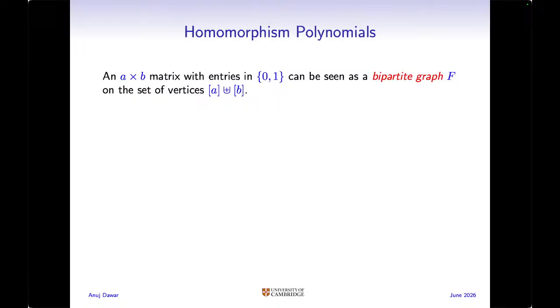So say we have a bipartite graph F, with entries in 0, 1.